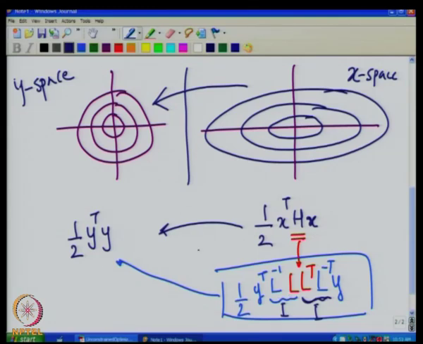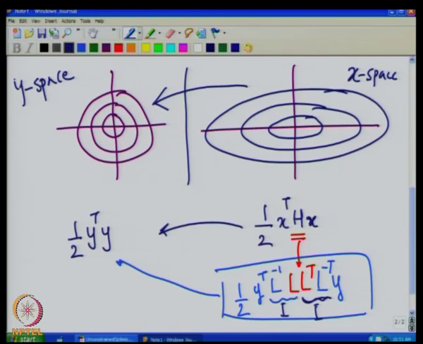Because of this transformation, we were able to transform the points here in the x space to y space, such that the original contours which were elliptical get converted to circular or spherical contours in the high dimensional space, circular contours in the 2-dimensional case.